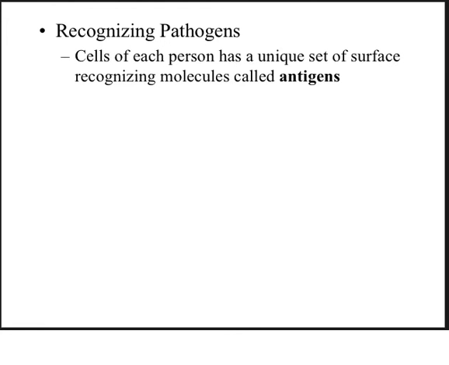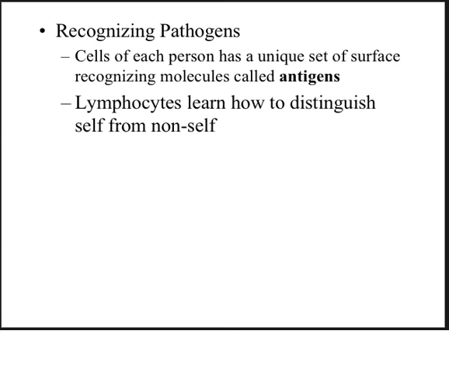So cells of each person have a unique set of identifiers on every cell in the body, and those are your self-antigens. Those identify the tissues and cells of the body as belonging to you, and so from the point of view of the immune system, those tissues are to be left alone, not targeted for attack.